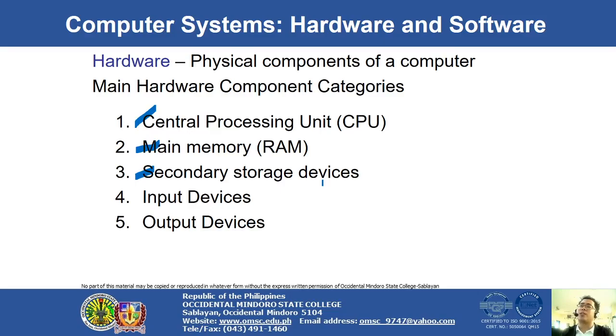What else? Input devices. What are those input devices? We have the mouse. What about output devices? We have speakers. What else? We have the monitors and printers. That is an example of output devices.